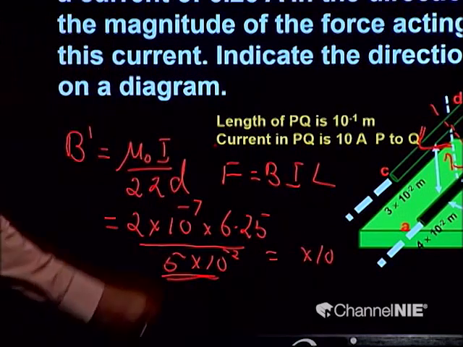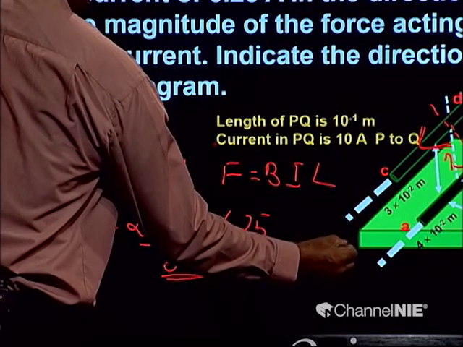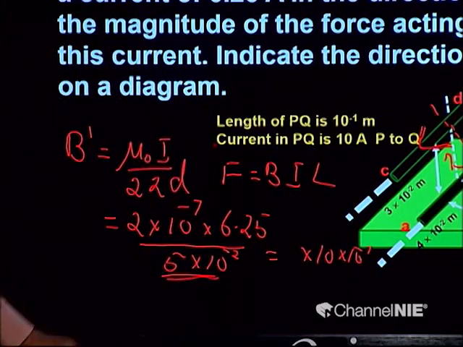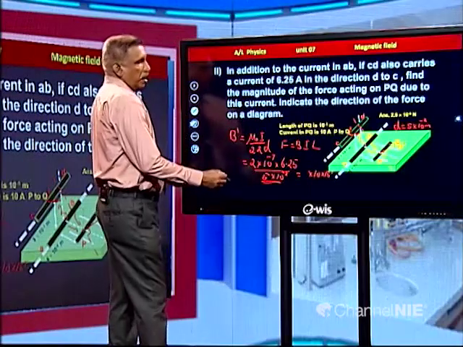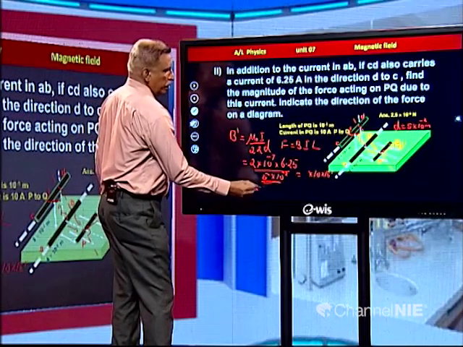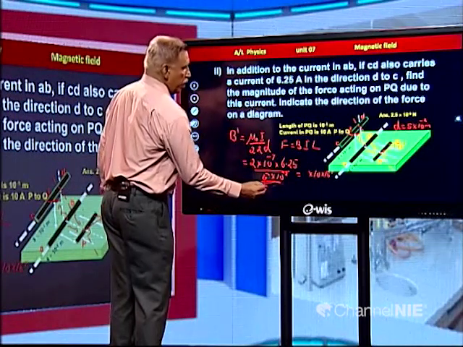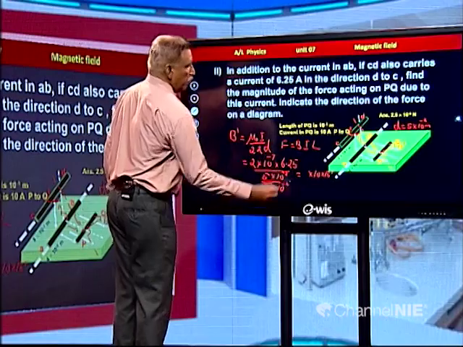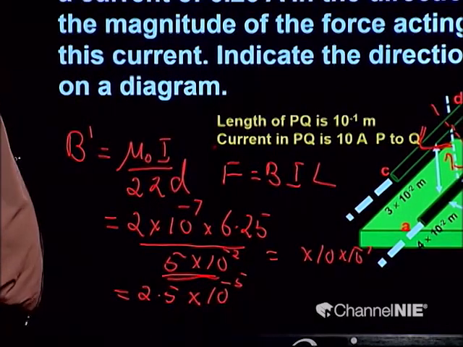And L is the length of PQ, that is 10 to the power minus 1 meter. Again, you solve this and the answer comes the same, 2.5 into 10 to the power minus 5 Newton. Same answer. Better you solve this.